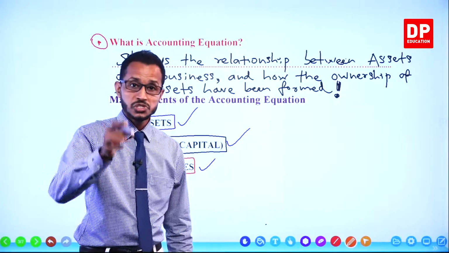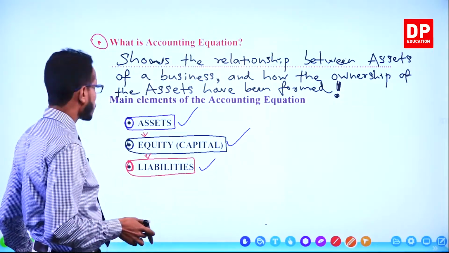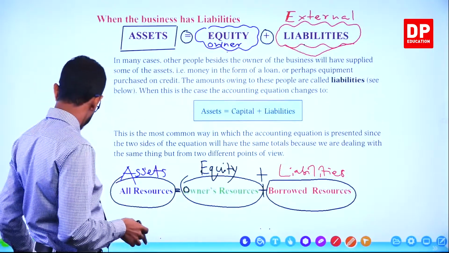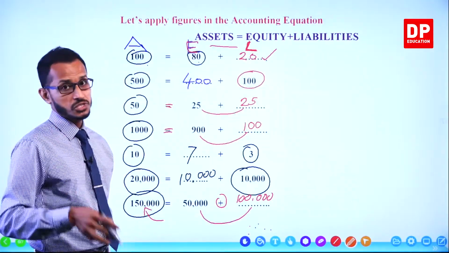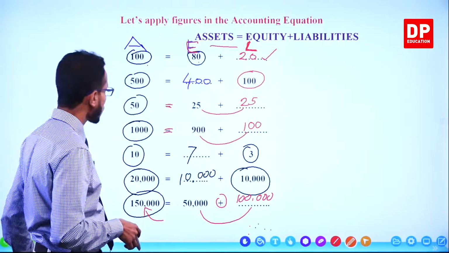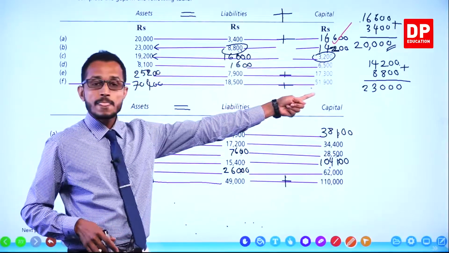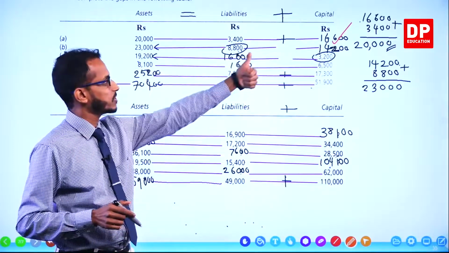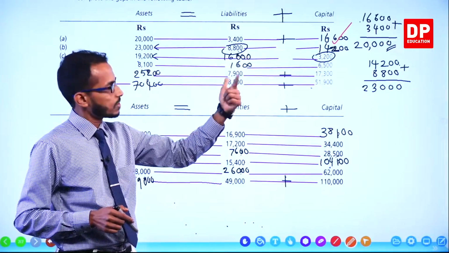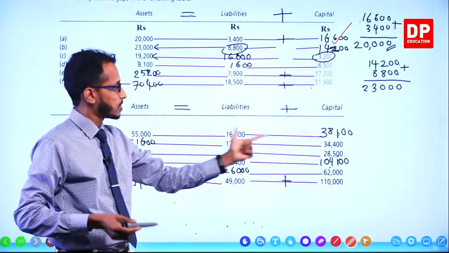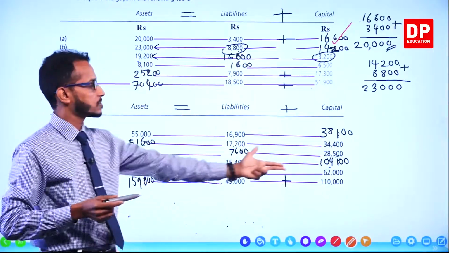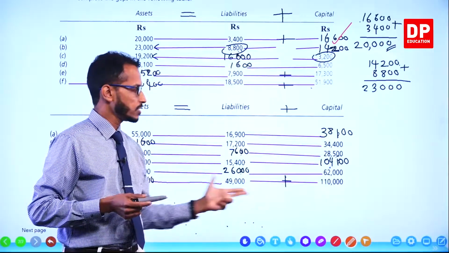You will get questions to apply the accounting equation to a given situation of a business and to calculate the equity using the accounting equation, or sometimes to calculate the liabilities like we did, or sometimes to calculate the assets using the accounting equation.